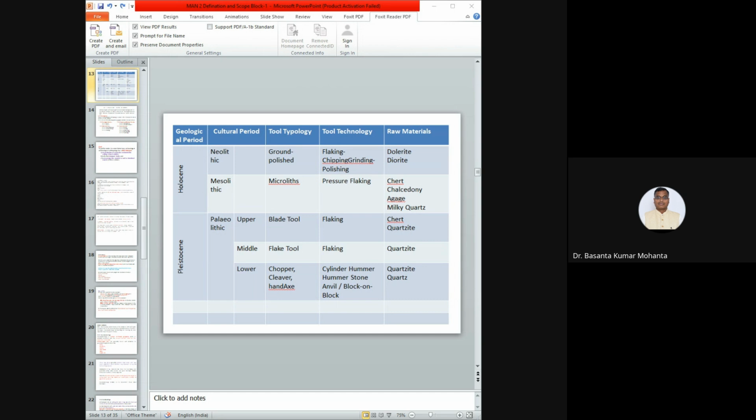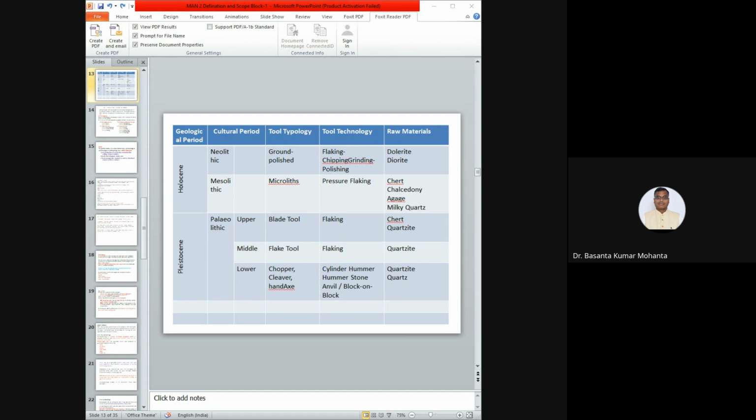In a similar way, if we see the development of protohistoric study, we are aware that in 1921, Daya Ram Sahni recovered some archaeological evidences from Harappa, or what we call the Indus Valley sites.